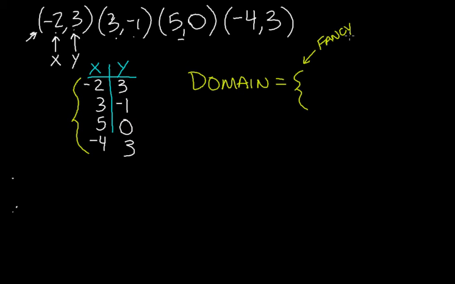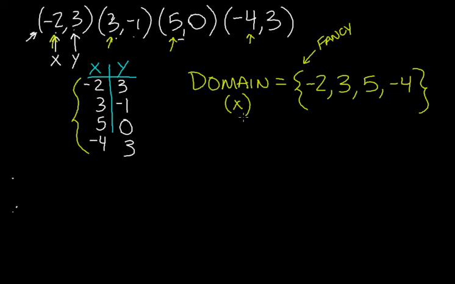I'm using fancy words, so I'm using fancy braces. It's also used to denote a set of something. So the domain of this is negative 2, and then 3, and then 5, and negative 4. Right, I'm just listing off the x coordinates of all my points. Those are all the members of the domain. It's like all of my x's. Fancy word for x.